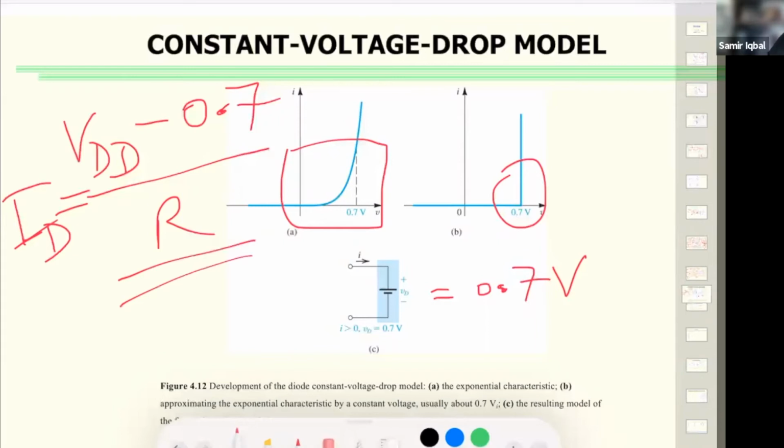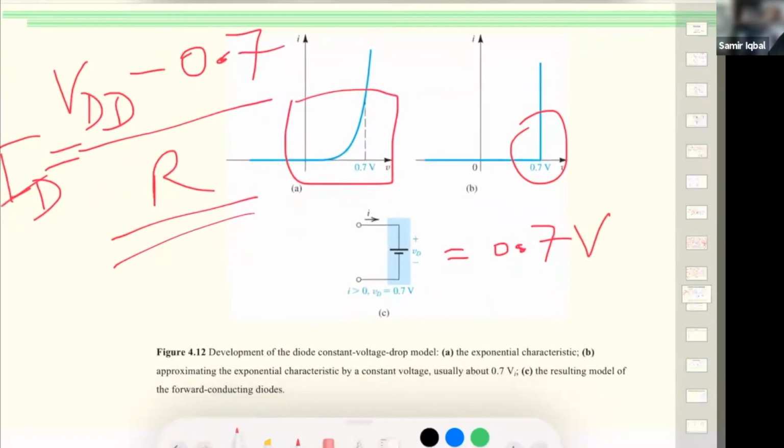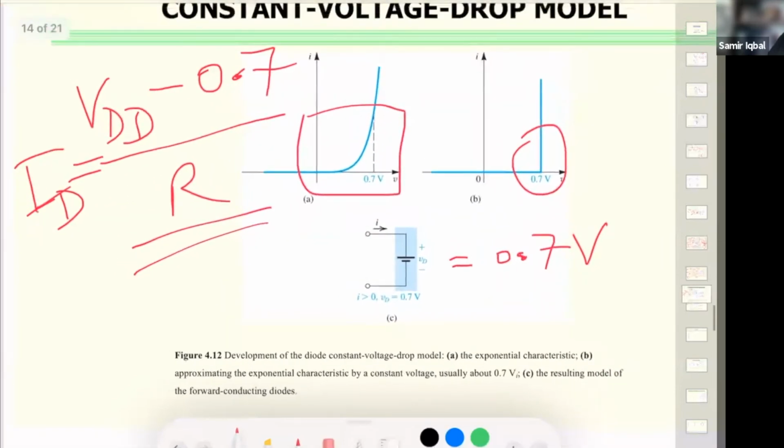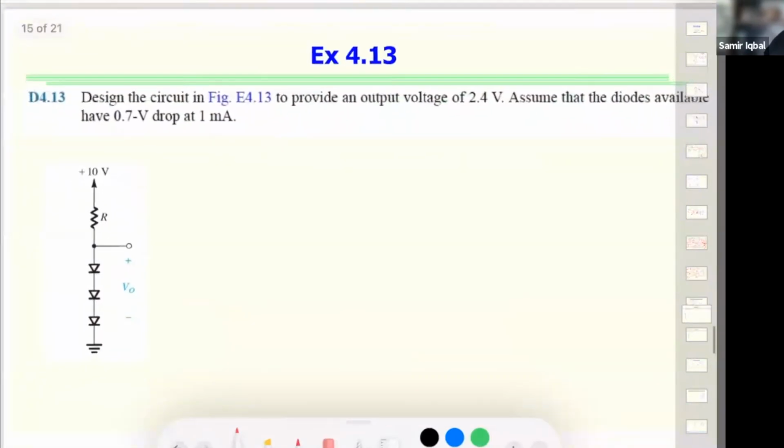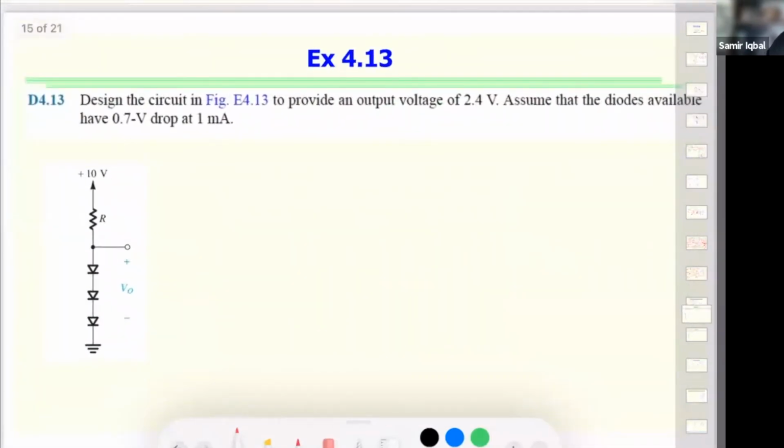All right, many times, if we have much bigger voltages, we can sometimes just ignore the 0.7, but that's not what we'll do. We'll use it whenever we are doing our analysis.